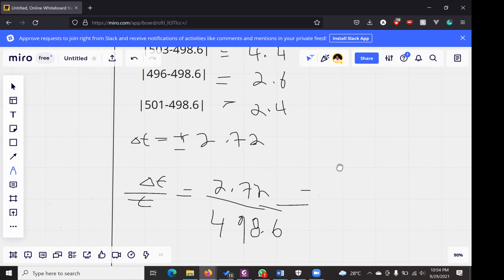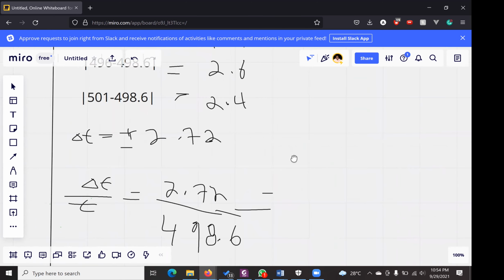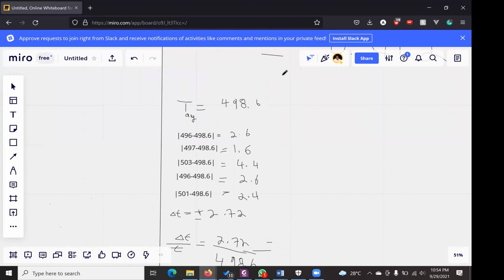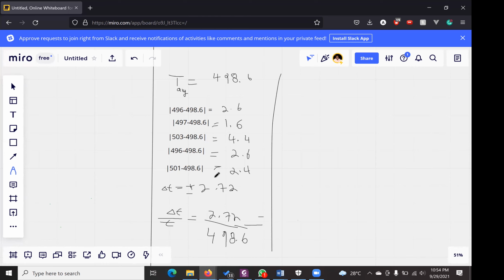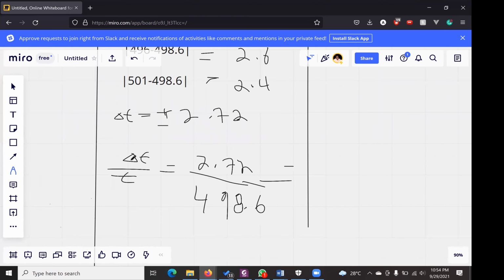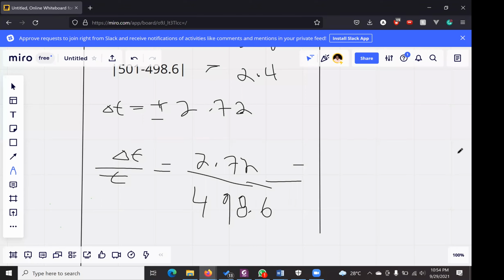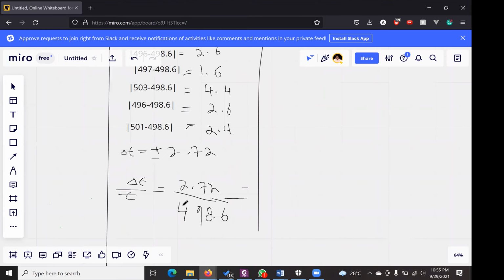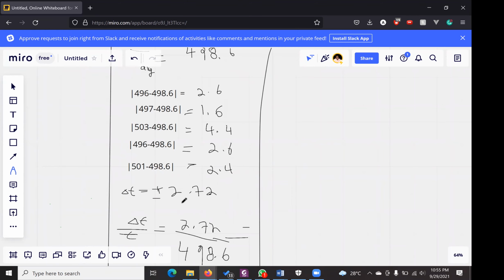All right, but it's equal to some number. Moving too fast. Everybody understand the delta T over T? Say something in the chat. I need to remember where I get the delta T. Get the delta T: add up all the errors, 2.6, 1.6, 4.4, 2.6, and 2.4. Divide them by 1, 2, 3, 4, 5.